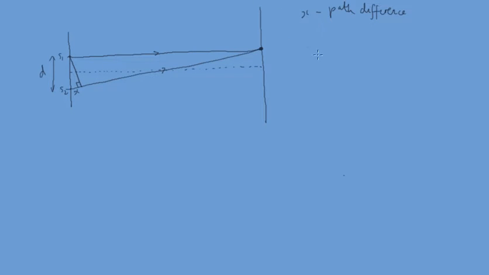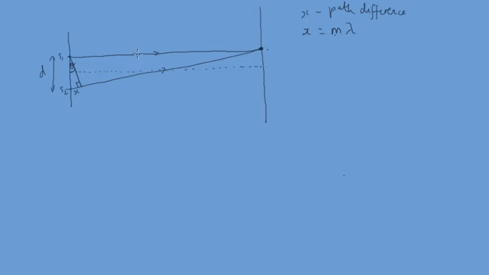We know from our last example that this is a maximum here, this is also a maximum here, that when x, the path difference, is at a maximum, it must be some integer, whole number, times the wavelength. So this is the first maximum, m equals 1. Now this angle here is theta.